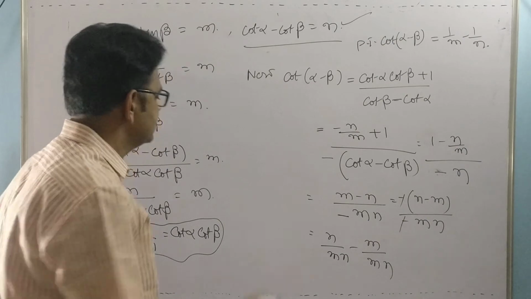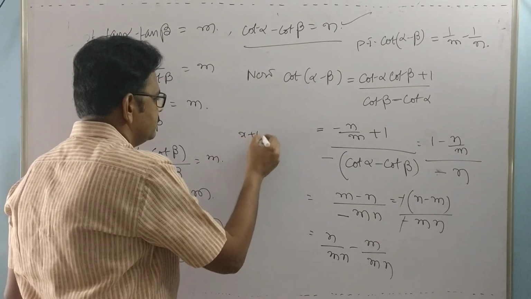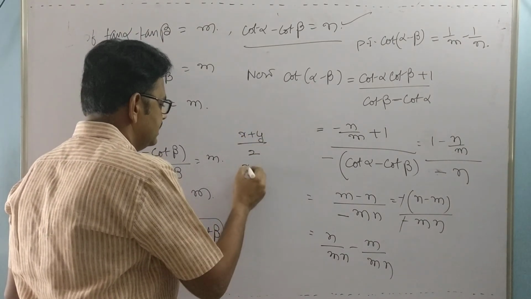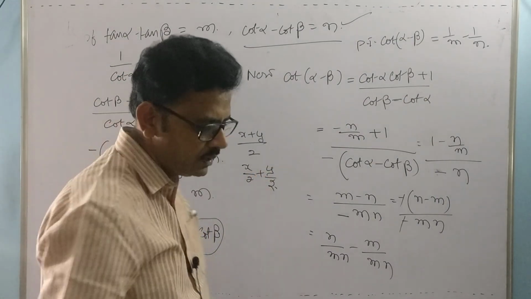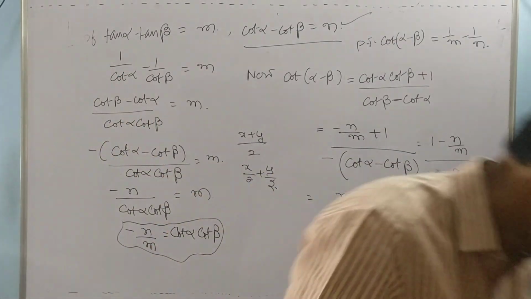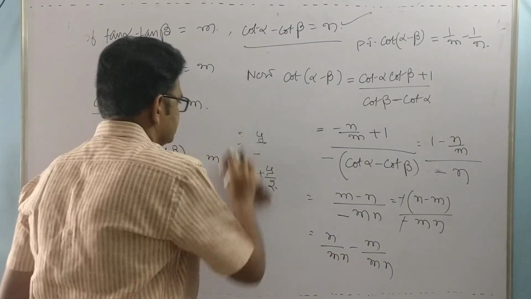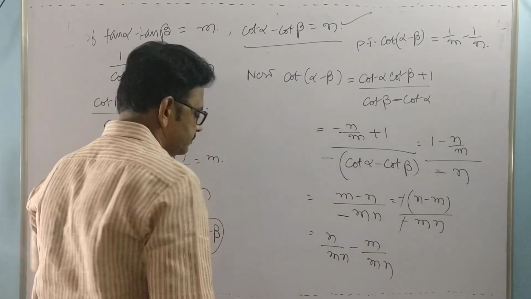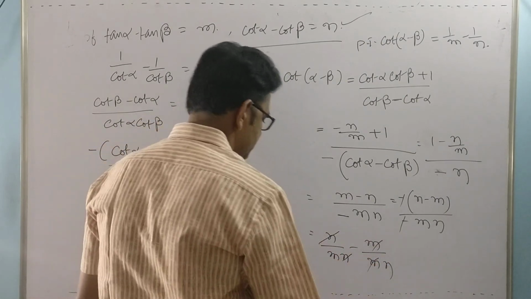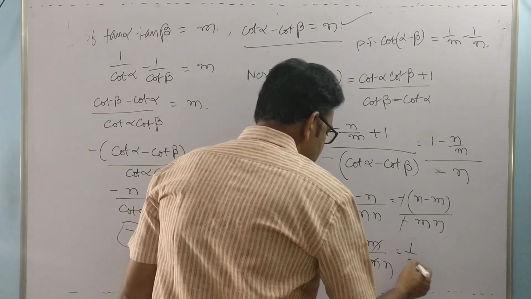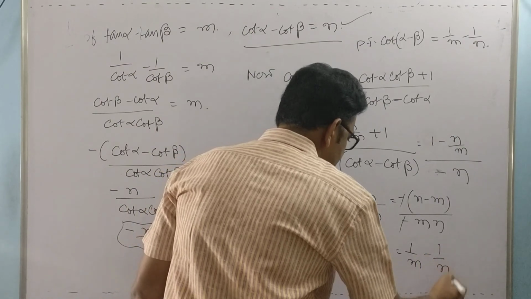So n cancels, m cancels, which is equal to 1/m − 1/n.